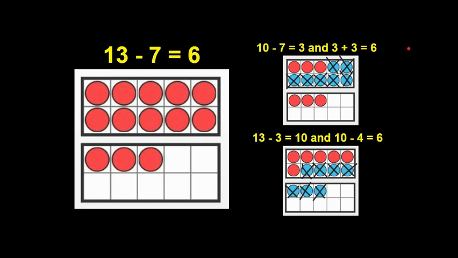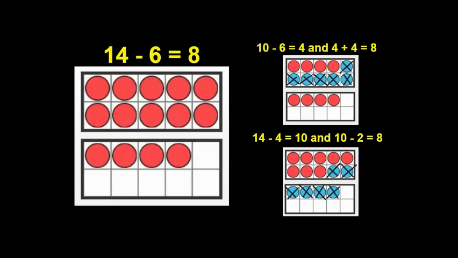Great job, mathematicians. One more, and then we are done with this part of the practice. How many do you see? Picture how many you saw and then take away 6. How many are left?